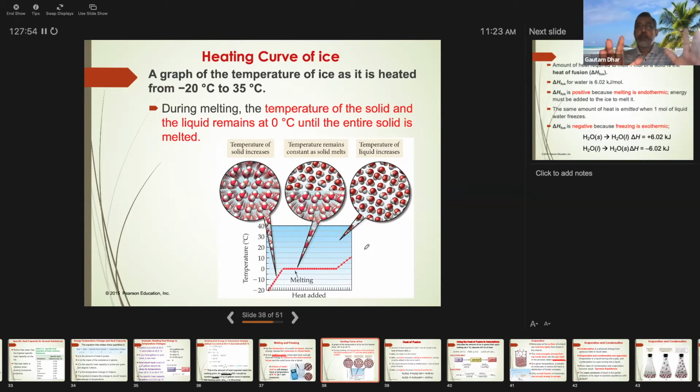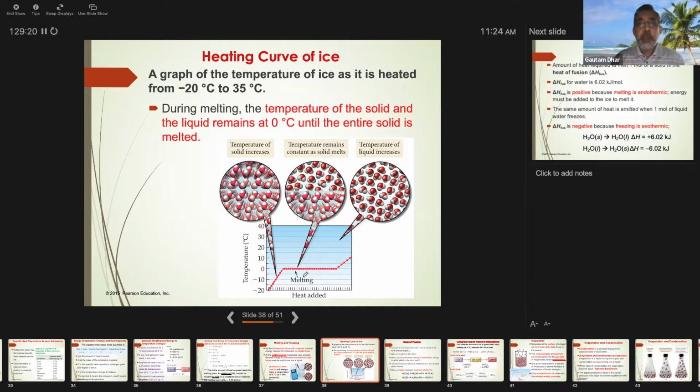If you look at the melting curve of ice, this horizontal part is where the ice is melting. So this is how all heating curves will look when there's a phase transition. For water up to the boiling, and then at boiling, the temperature will again go constant. And this is the general nature.